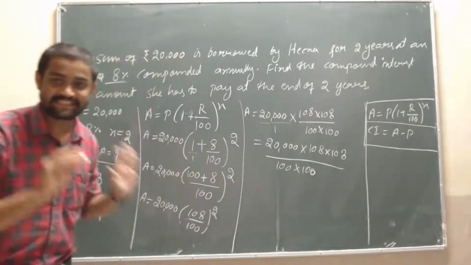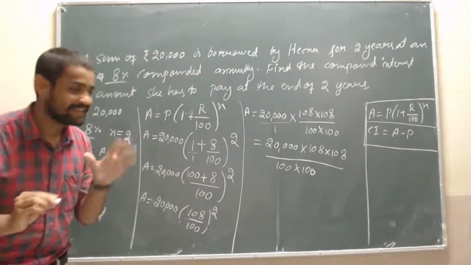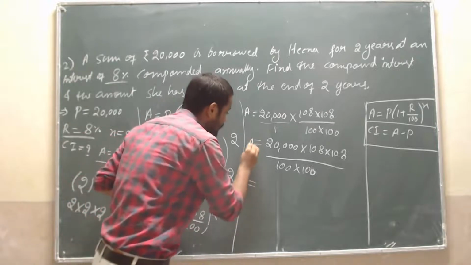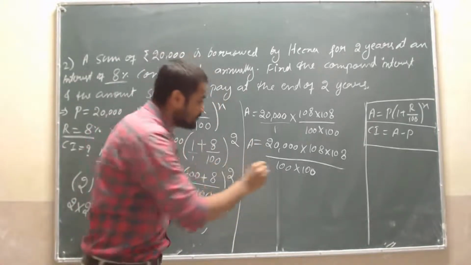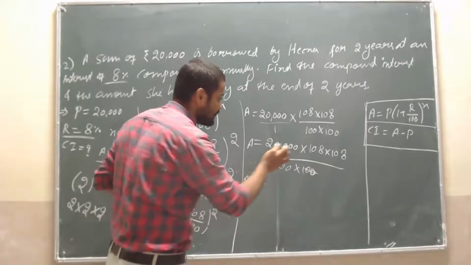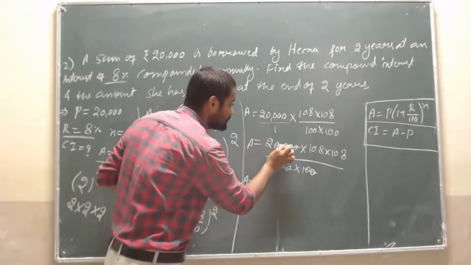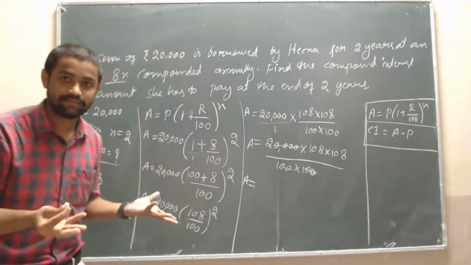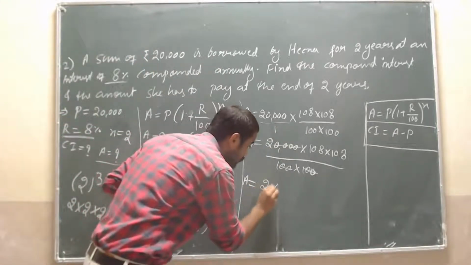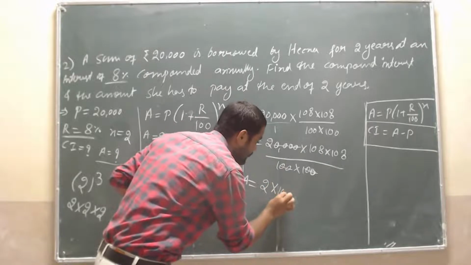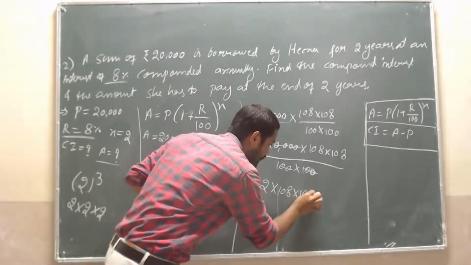So, as it is. Clear? Then A is equal to, these two zeros are cancelled and these two zeros are cancelled. These two zeros are cancelled and these two zeros are cancelled. What is left? 2 into 108 into 108.